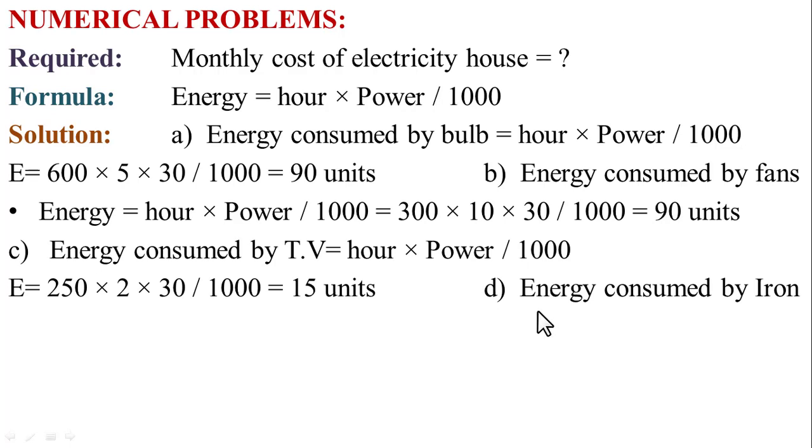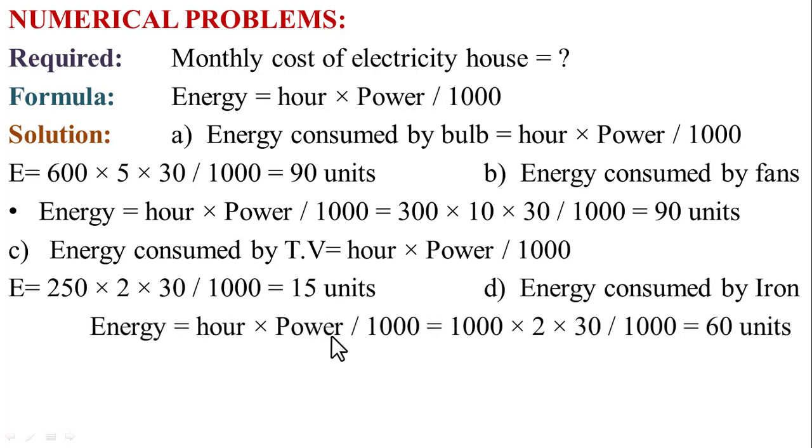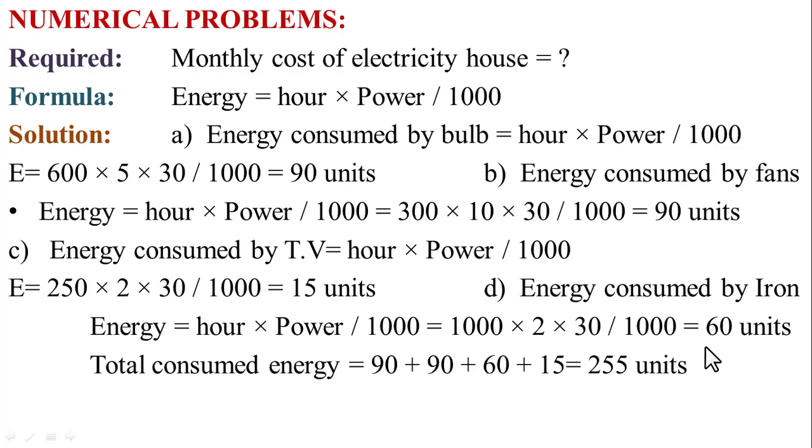Similarly, we can find the energy consumed by iron, that is equal to hours multiplied by power divided by 1000. So energy is equal to 1000 watt power multiplied by 2 multiplied by 30, so that is equal to 60 units. Now we can find the total energy consumed: 90 plus 90 plus 60 plus 15, that is equal to 255 units.